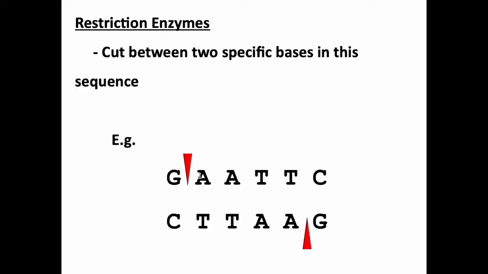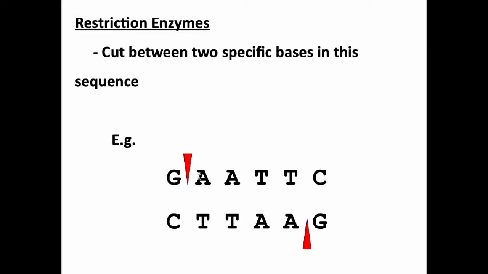If you are cutting between G and A, every time you see GAATTC, if both strands have GAATTC, that's going to ensure that every time your special sequence comes up, you're going to cut both strands of this double-stranded DNA. That's only going to happen if your recognition sequence is an inverted repeat palindrome sequence. We want to be able to cut both strands.